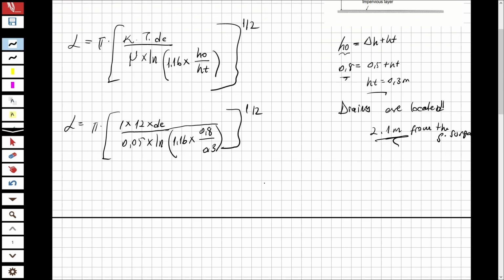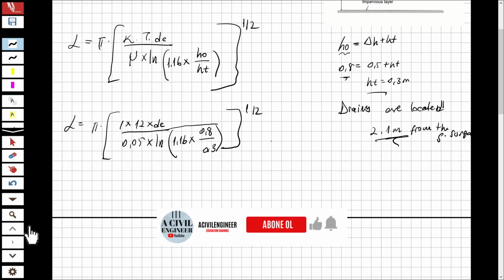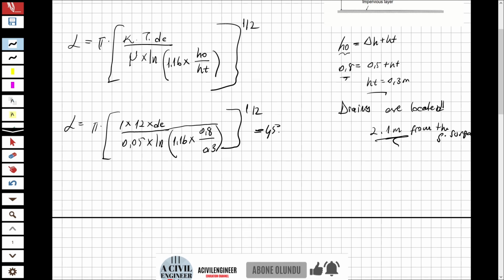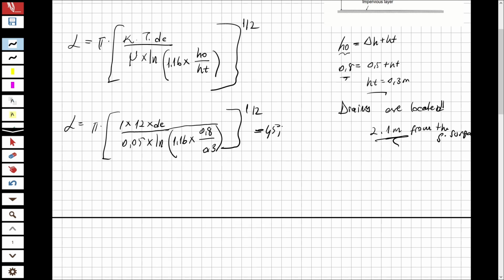From here, we are going to obtain this value, 45.8 square root of de. Now this is the length. This is the length, but we are going to use this as a formulation to obtain the exact length. So let's do it.